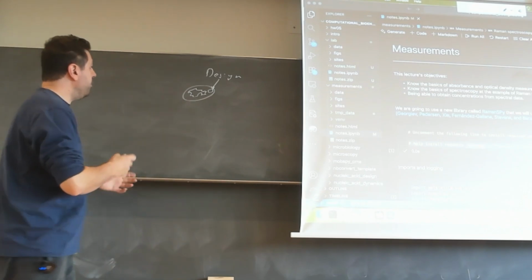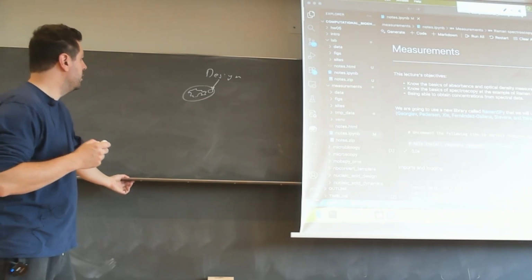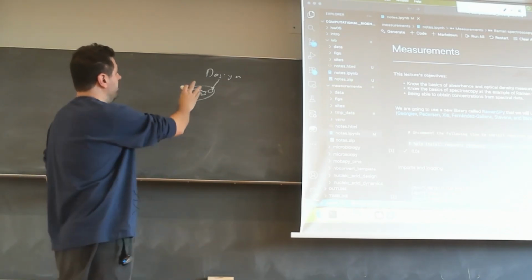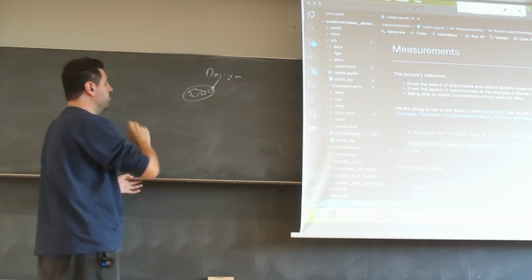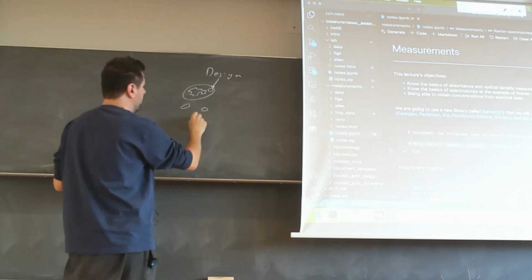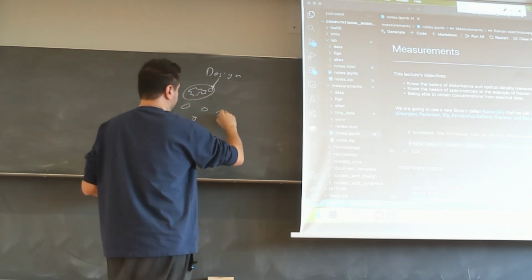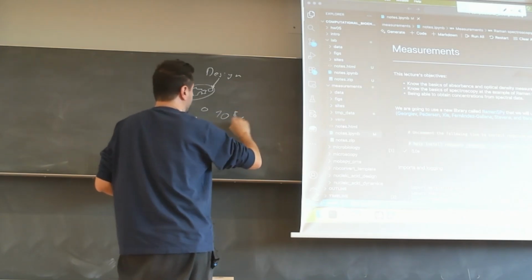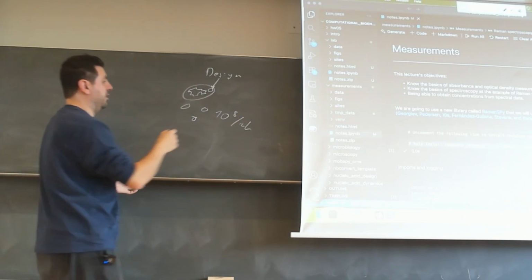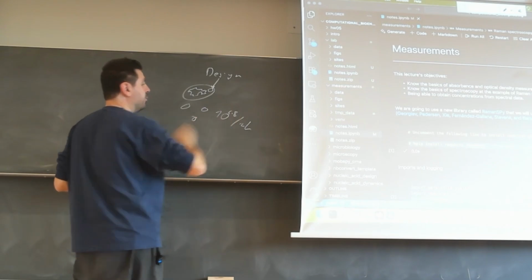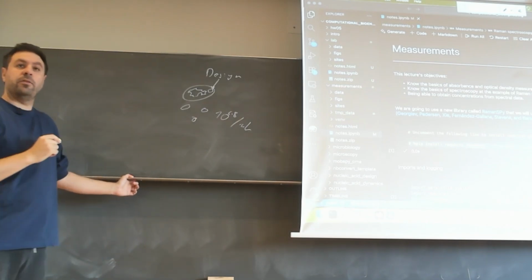So the first thing you could measure is actually some population level measurements. So you will not have a single E. coli, you will have many E. coli. So probably you will have around 10 to the 8 per milliliter E. coli, or something in this range. Let's say if it's not so highly concentrated, it's 10 to the 6 to 10 to the 8, something in this range. You will have that in your sample.